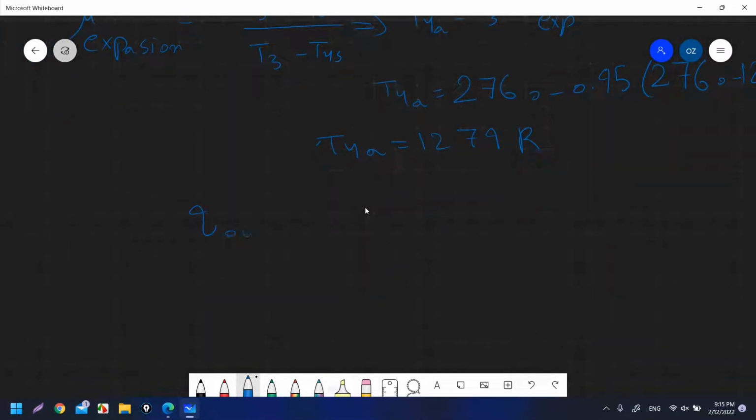Q out is equal to CV times (T4A, the actual one, minus T1). CV is 0.171. T4A is 1279 minus T1, 520. Q out is equal to 129.8 BTU per pound mass.